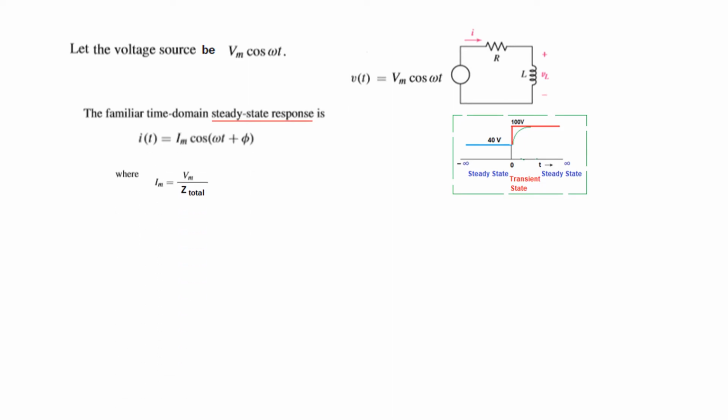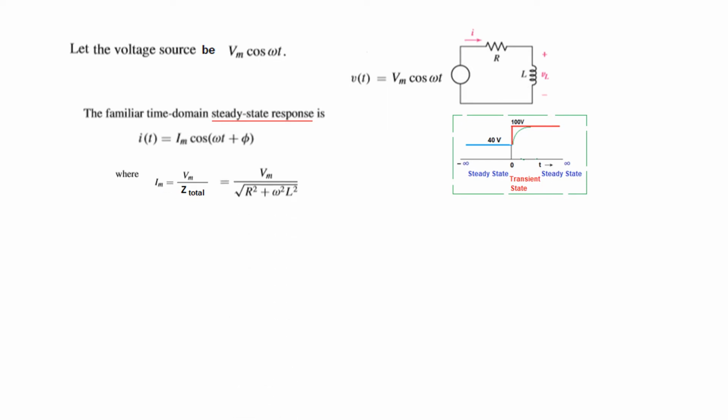Now, since voltage is given as Vm cos omega t, we are assuming that the current will be Im cos omega t plus phi, some angle phi, where I is Vm over Z total. So this is the magnitude Vm divided by the impedance of the circuit, which will give us the current.